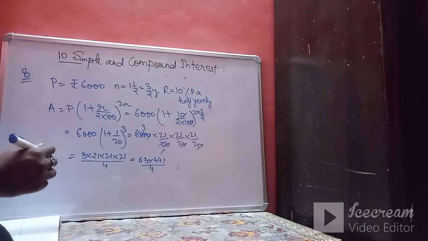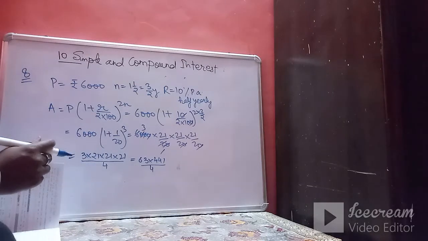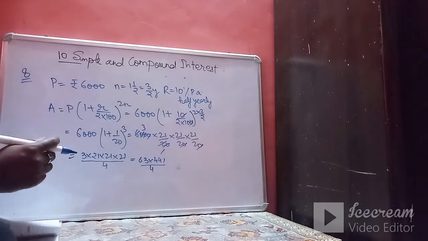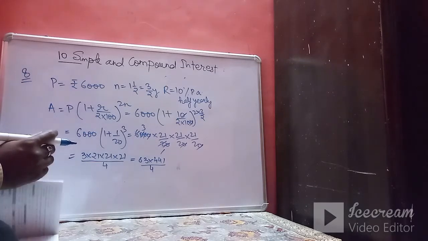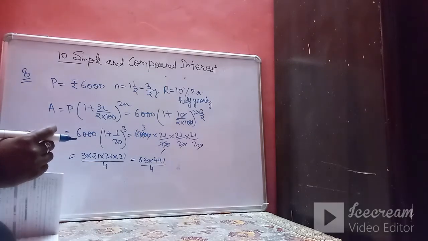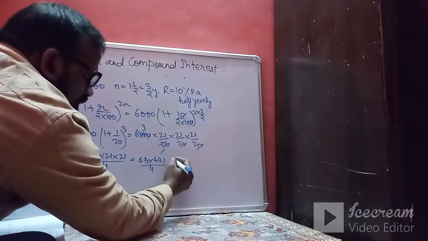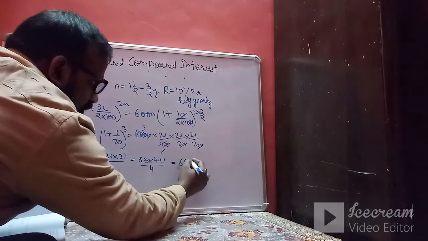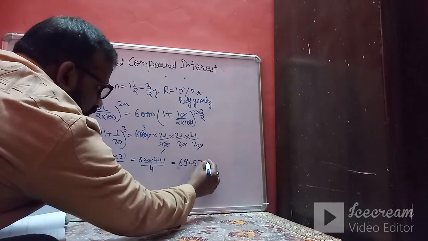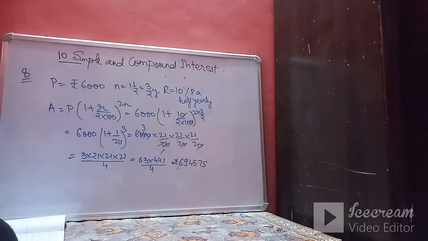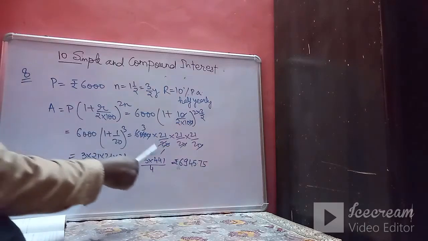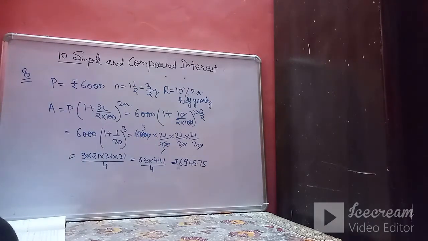So when we solve, we will get the answer as 6945.75, that is 6,945 rupees and 75 paisa.